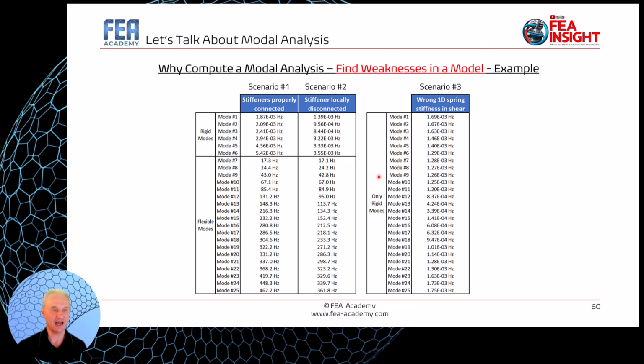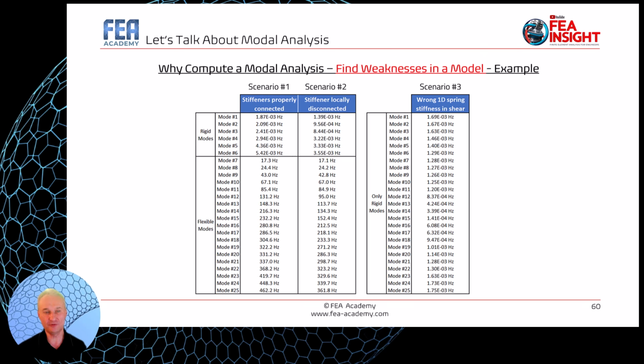And after that, I have my flexible modes. From a physical point of view, those natural frequencies make sense, because the first mode, 17.3 Hertz, then 24.4, 43, makes sense physically. So just looking at the table of natural frequencies, I say, oh, my model is okay, checked, validated. But it's not the case. I will come back to that later.